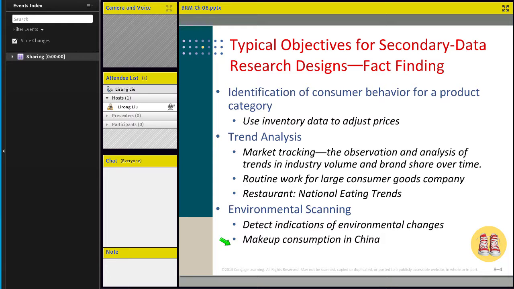And whenever such an opportunity arises, the company that first catches it will have an advantage over other companies. By the way, I still remember the first commercial shown on Chinese television about makeup. It was from Maybelline, New York. And if I remember correctly, it was about lipsticks.